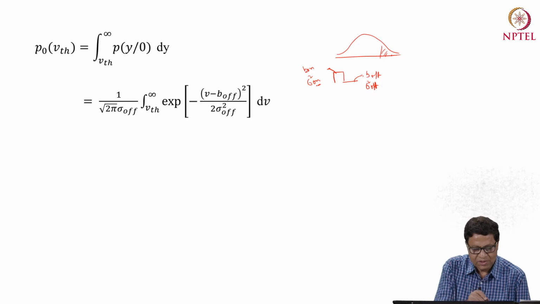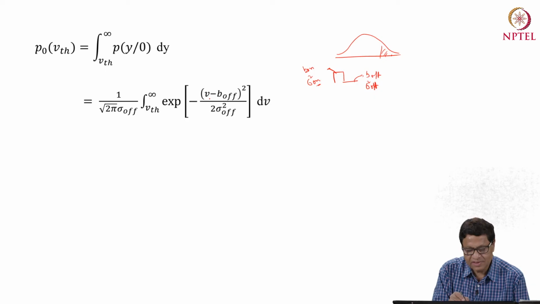So this is for the 0: 1 by root 2 pi sigma off, the variance in the off state, VTH to infinity, exponential minus the received signal V minus B off whole square divided by 2 sigma square off.